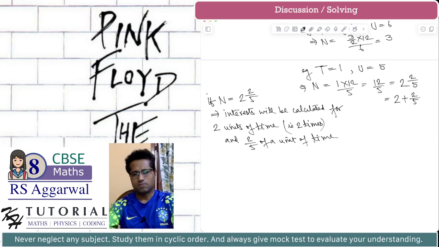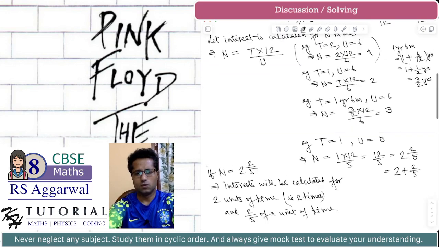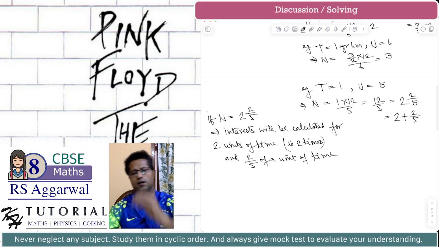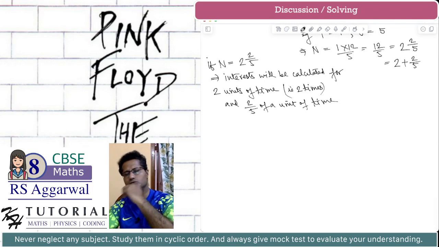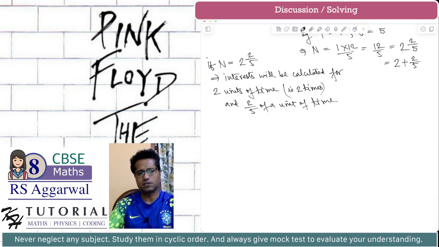Now to understand this, okay, so instead of 2 and 2/5 of time, let's try to understand the scenario where for some value of t and u, n is coming to be 1 and 1 by 3.